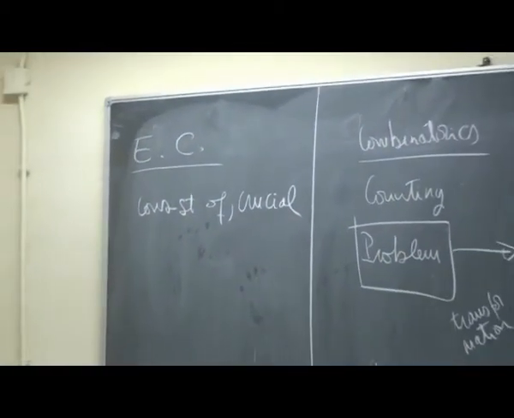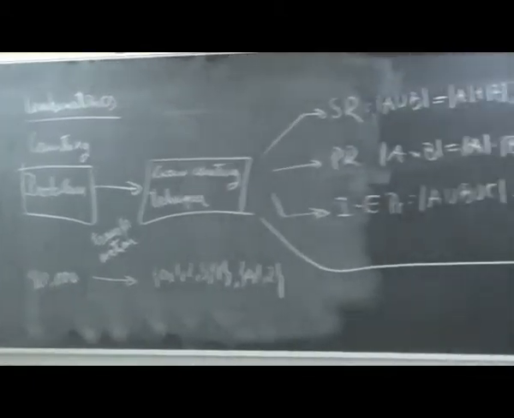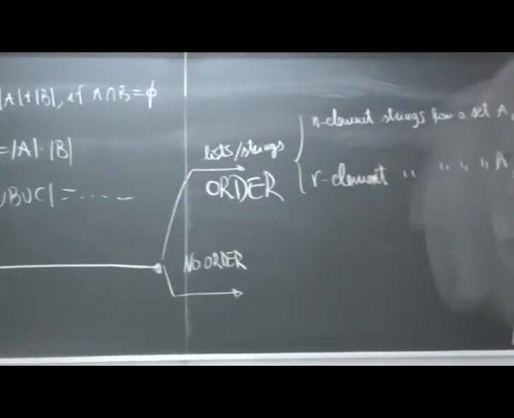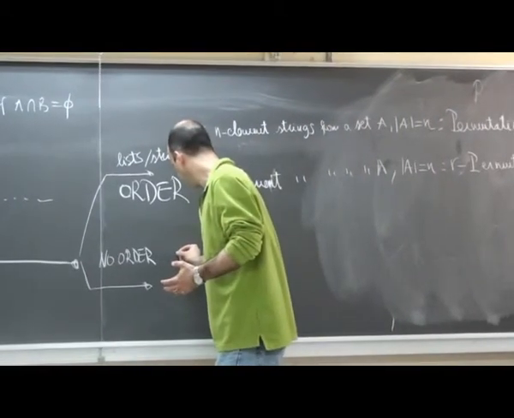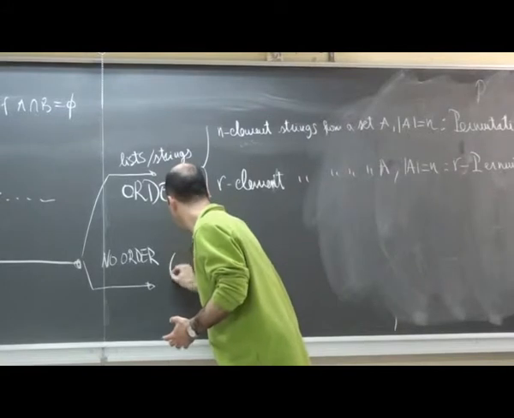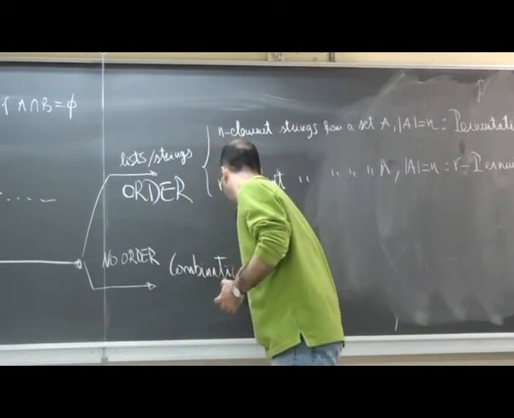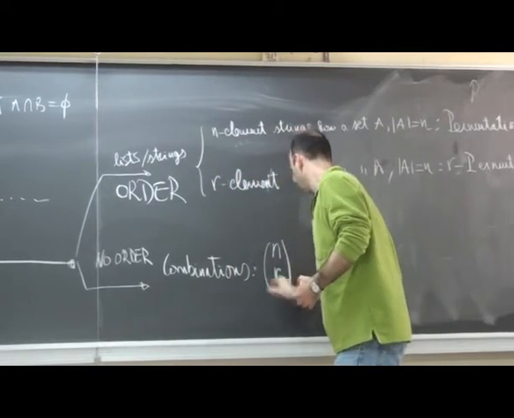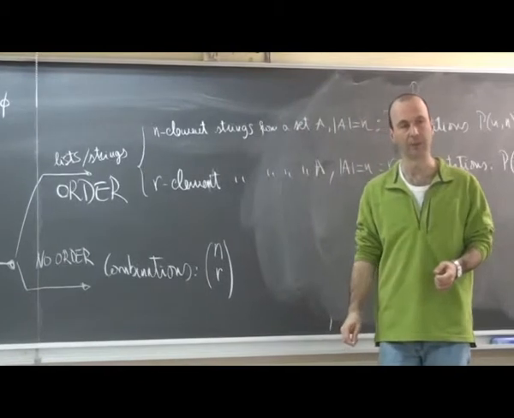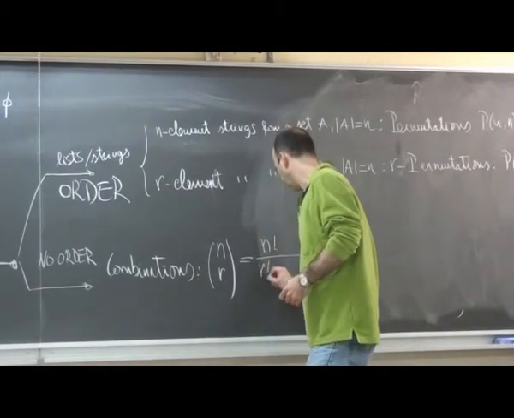But when we remove the order, when the order doesn't matter, what we have is just elements. And then we have combinations. Right? With the binomial coefficients, whose definition is as follows.